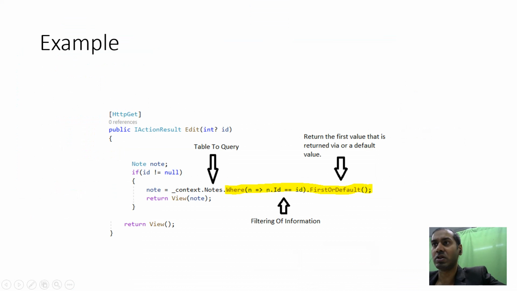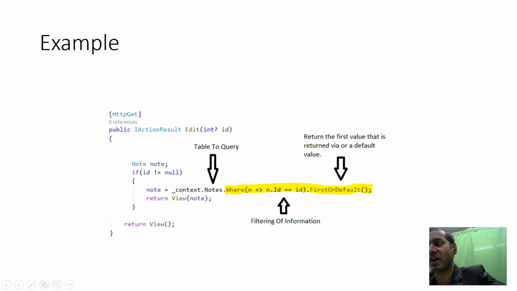So what we're just looking at is this particular line. So as you can see here, we specify after the context the table we're going to query, followed by a filter, and we're looking for n arrow n.id.